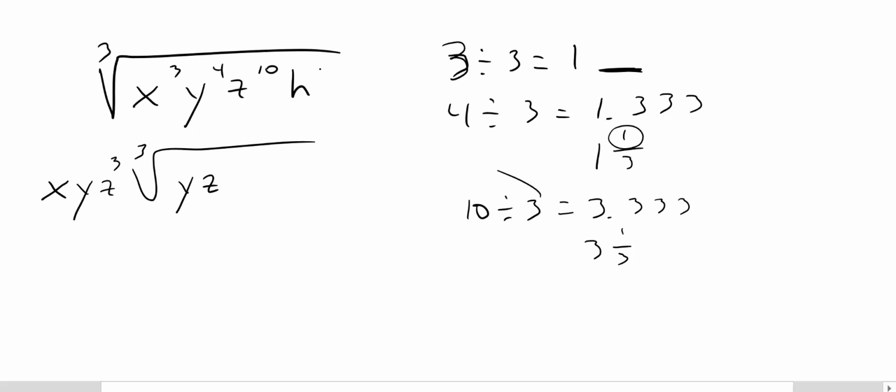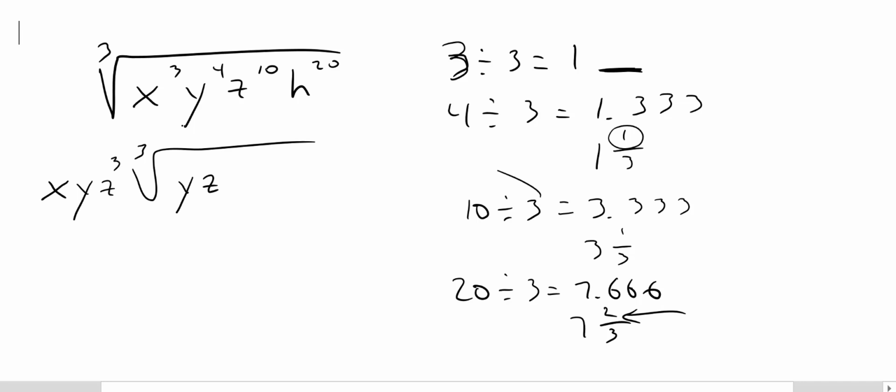h to the 20th power. So you're going to do 20 divided by 3 is 7.666, or 7 2/3. If you would simplify that with your calculator, 7 2/3, that means you have a remainder of 2. So you're going to have an h. That's kind of running out of room here.